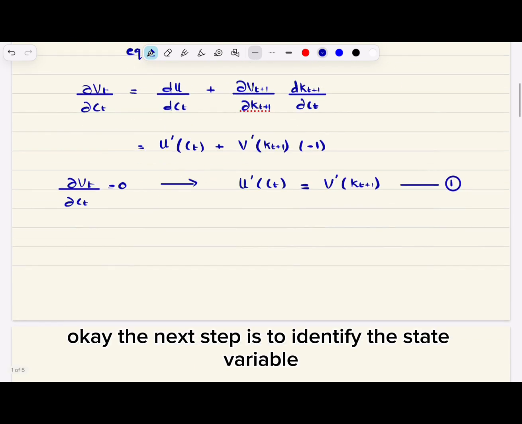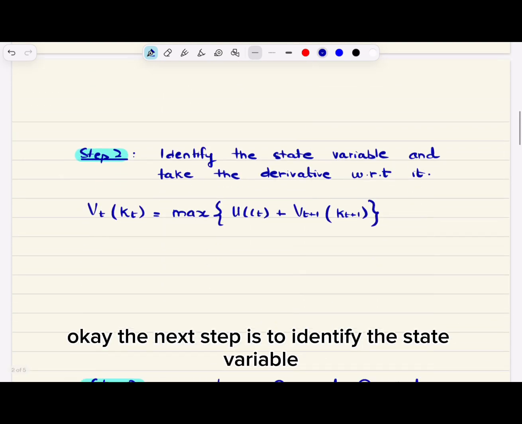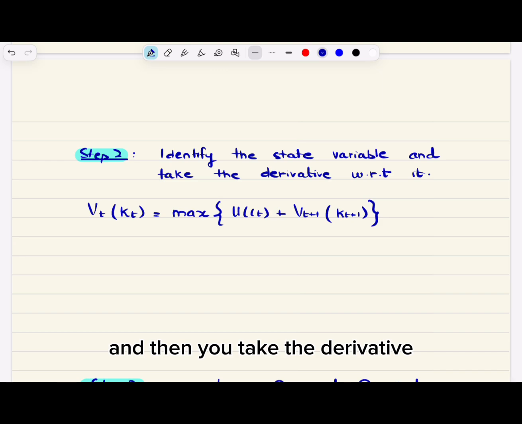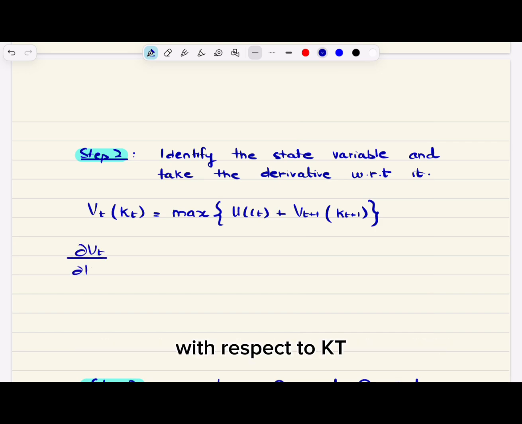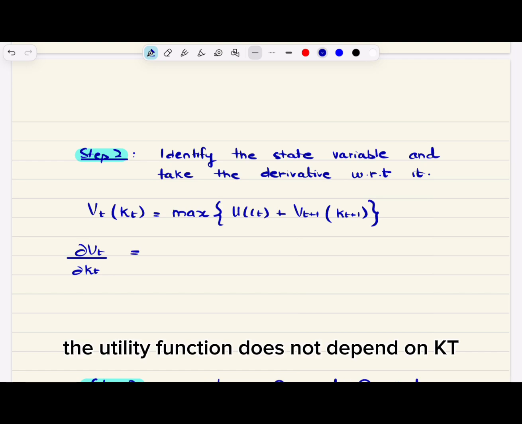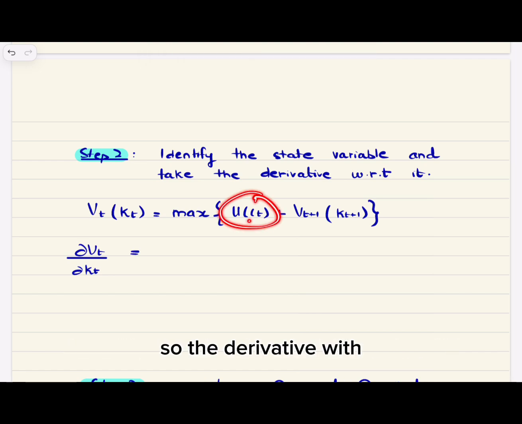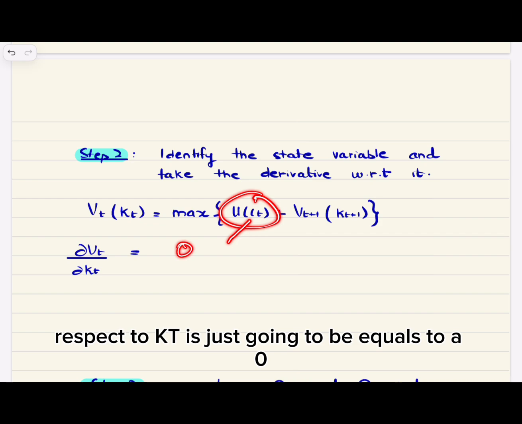Okay, the next step is to identify the state variable, and then take the derivative with respect to the state variable. In our question, the state variable is k t, so I'm going to take the derivative of V t with respect to k t. The utility function does not depend on k t, so that derivative is just equal to 0.